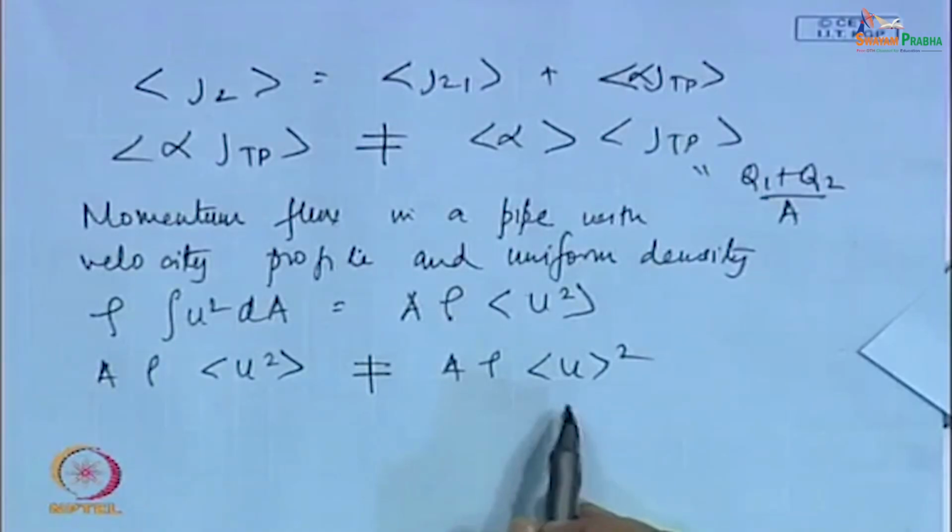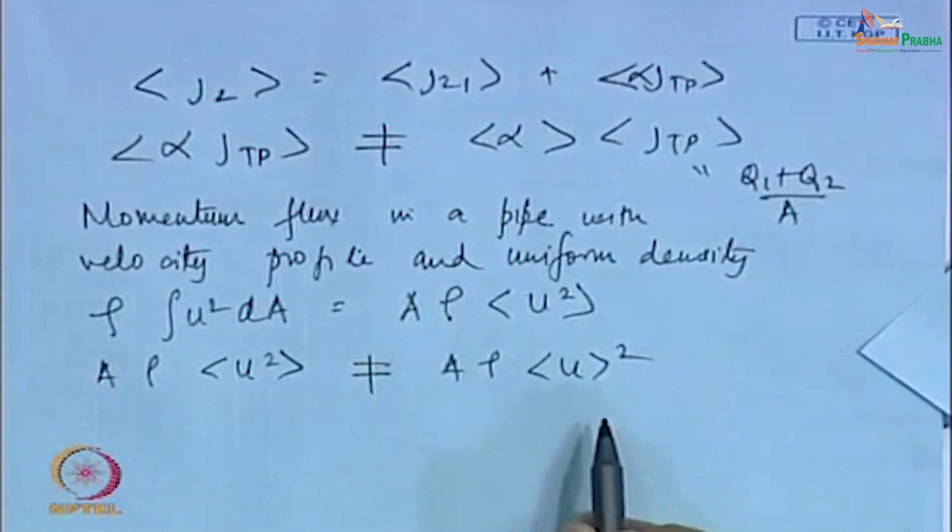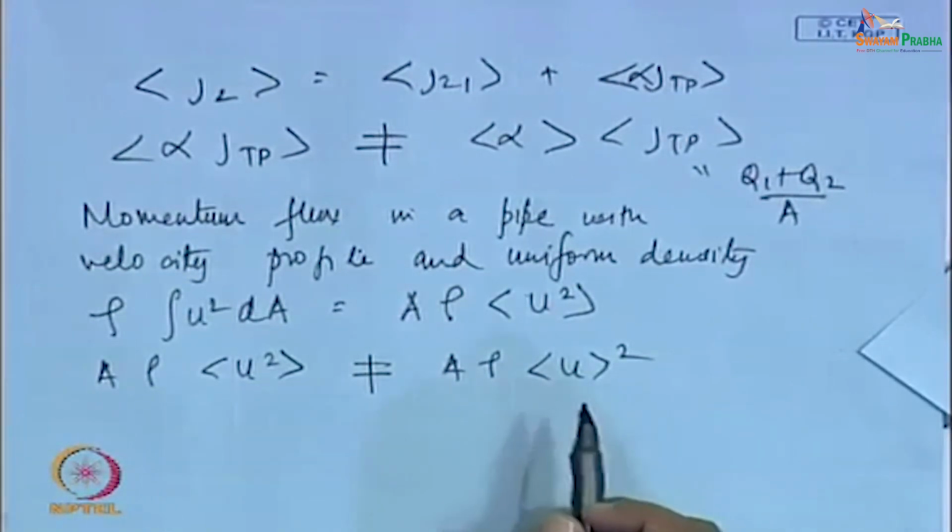You remember this? So, in single phase flows, for kinetic energy, even for momentum flux, when the density is constant and there is a velocity profile, we introduced a suitable correction factor. What was the correction factor there?